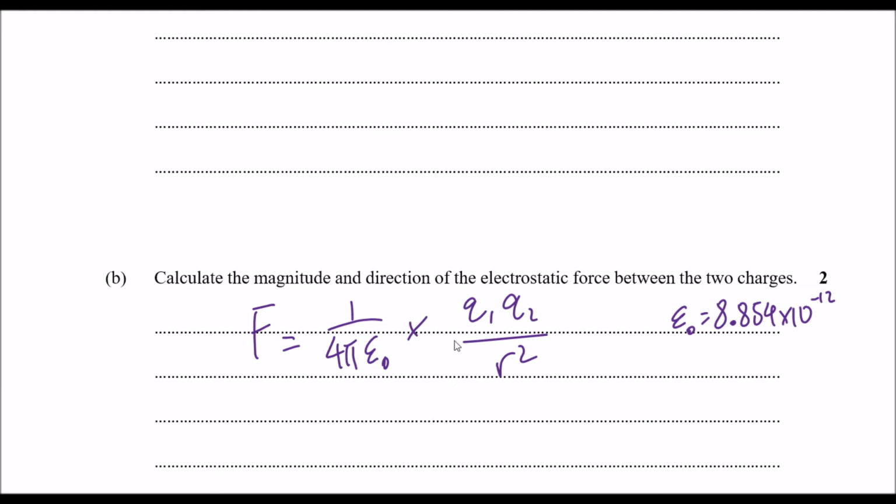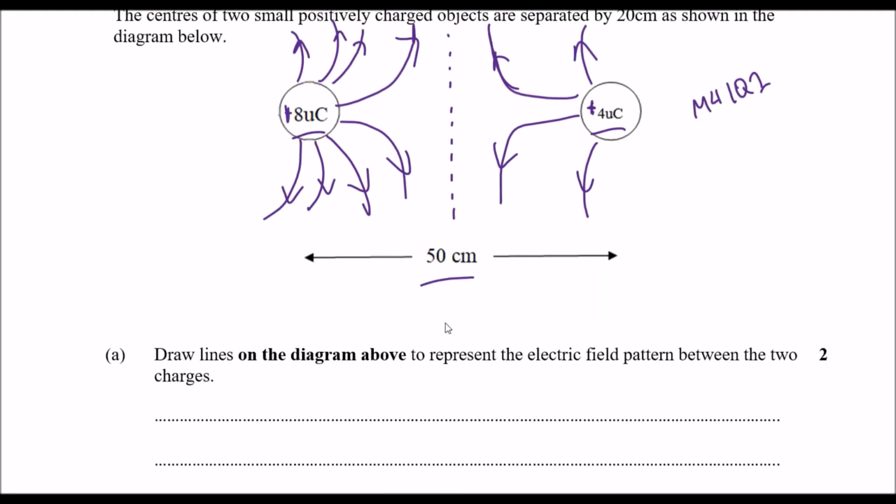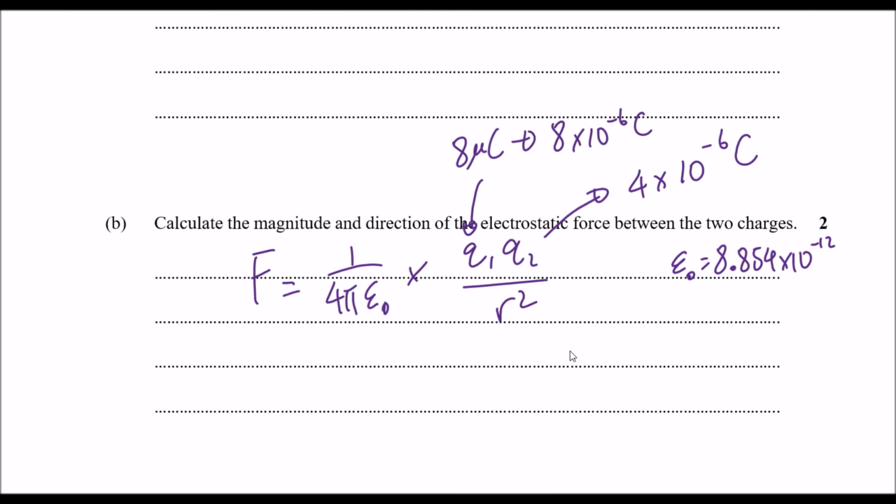So Q1, we can say it's the 8 microcoulombs. Now a microcoulomb is 10 to the power negative 6 coulombs, which means Q2 can be the 4 microcoulombs that we have here. And then in terms of distance of separation, that's 50 centimeters, so this is going to be 50 times 10 to the power minus 2 meters.